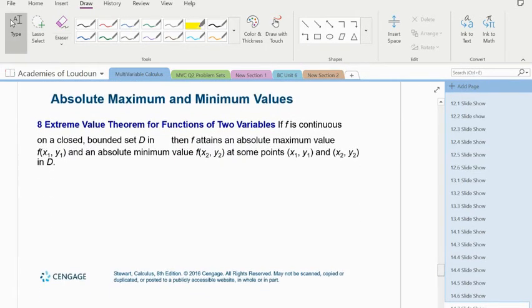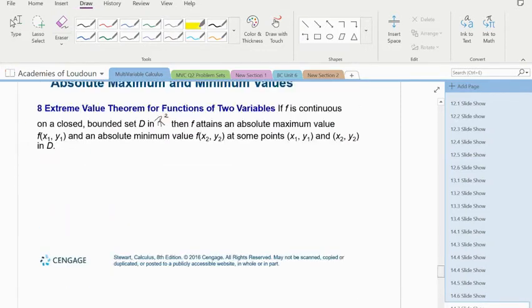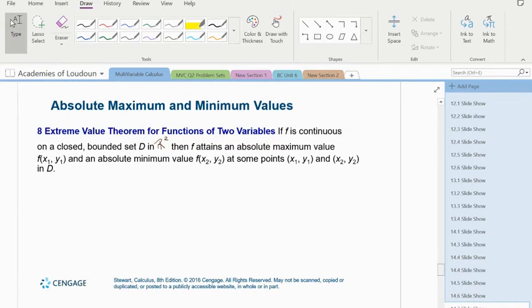If f is continuous on a closed and bounded set D in R², then f will attain an absolute maximum value f(x1, y1) and an absolute minimum value f(x2, y2) at some points (x1, y1) and (x2, y2) in D. To find the extreme values guaranteed by Theorem 8, we note that by Theorem 2, if f has an extreme value at (x1, y1), then (x1, y1) is either a critical point of f or a boundary point of D. So, thus we have the following extension of the closed interval method.